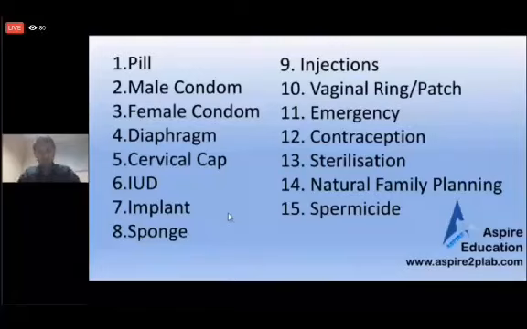Except for condoms, whatever else they use, they are not protected against STIs. So you always have to advise them of this before giving the contraception of their choice.